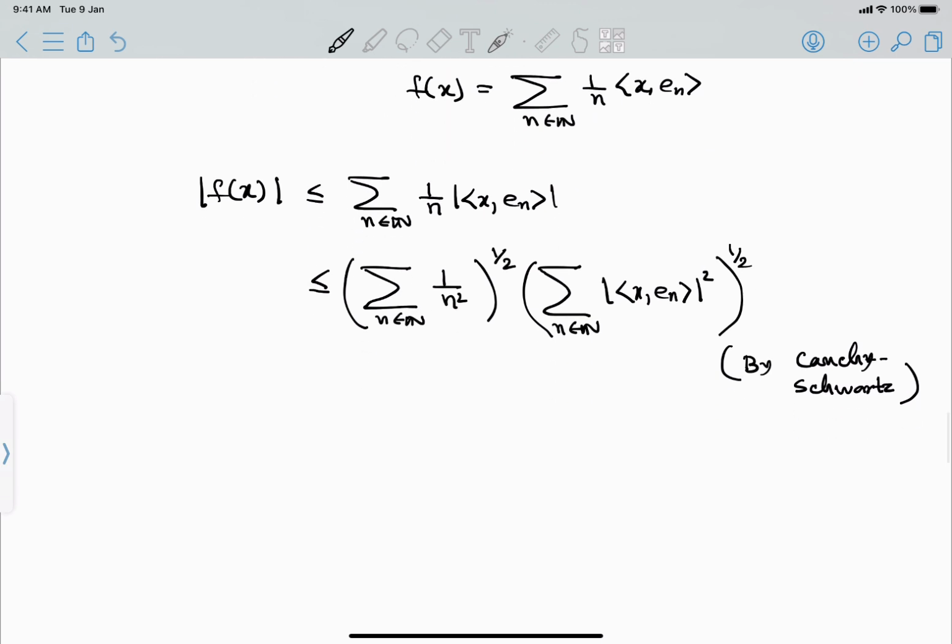Now as we know, this series of 1 by n square is finite, so it will give some finite value.